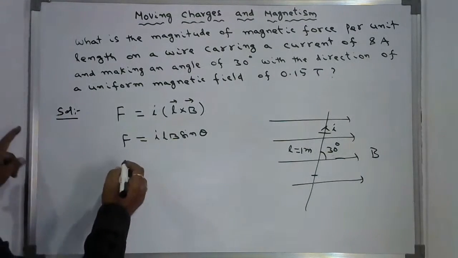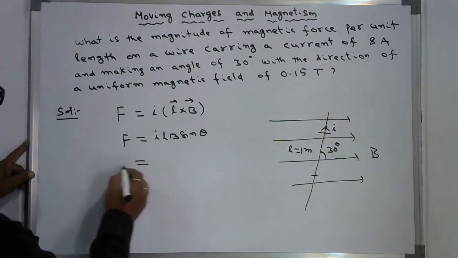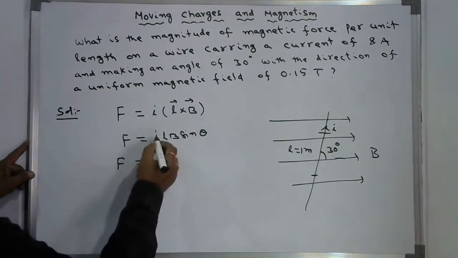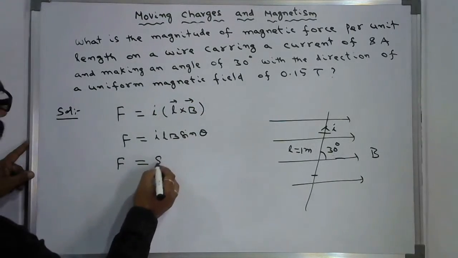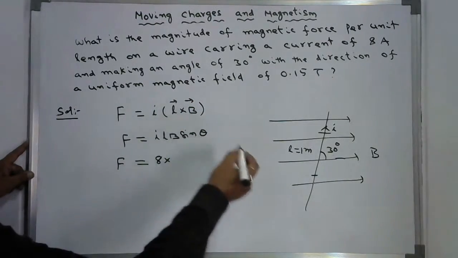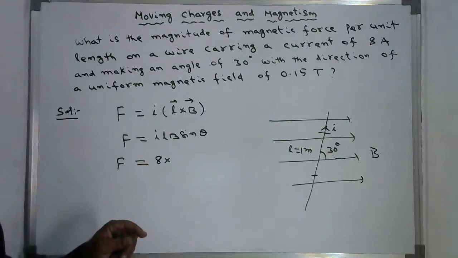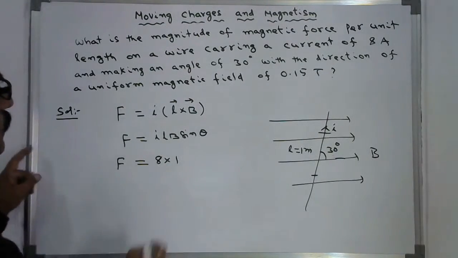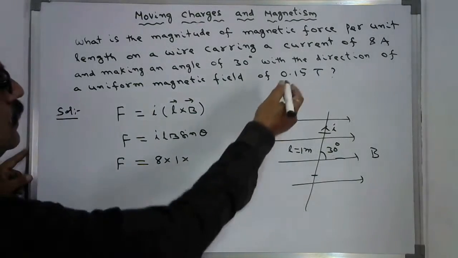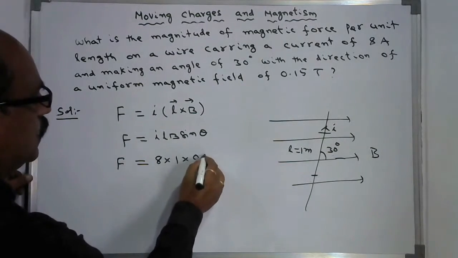So what we have to do? The force is equal to I. What is the current? 8 amperes. What is the length? Because we are going to find the force on 1 meter, that is why I write here 1, into B, how much? 0.15 Tesla.